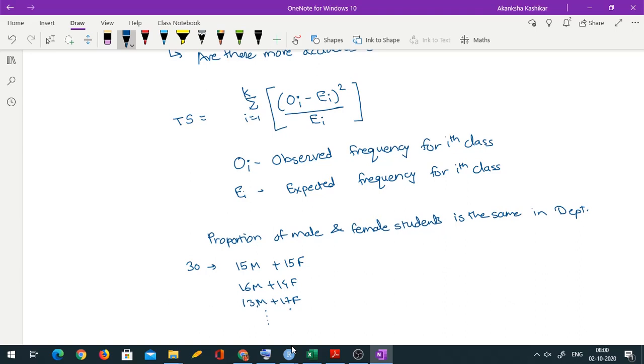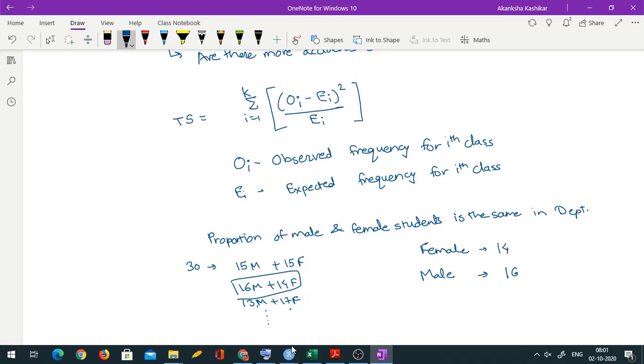Okay, so to examine such a situation, we can use this kind of test statistic. O_i is the observed frequency and E_i is the expected frequency. So here I have two groups, female students and male students. Observed frequency would be whatever is the actual number of female students. For example, in your batch, let us assume that you have 16 male students and 14 female students.